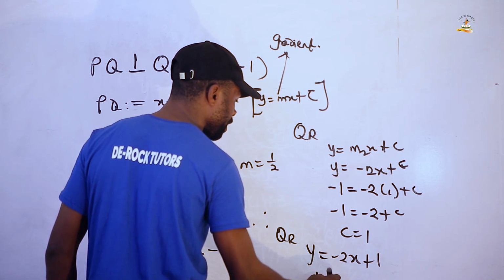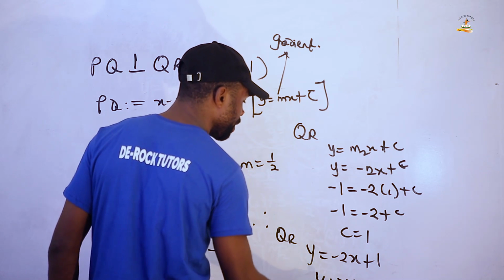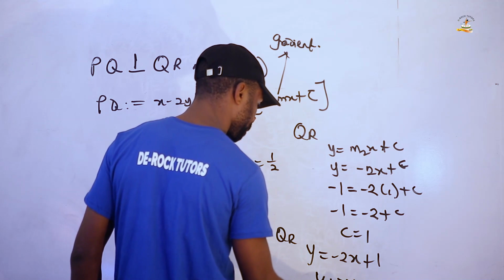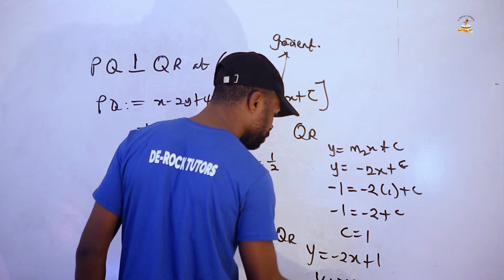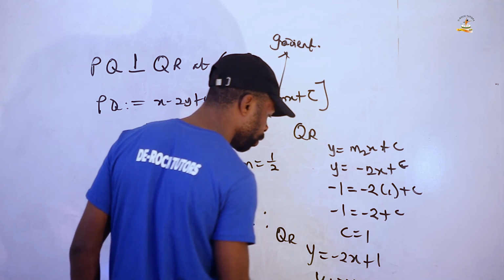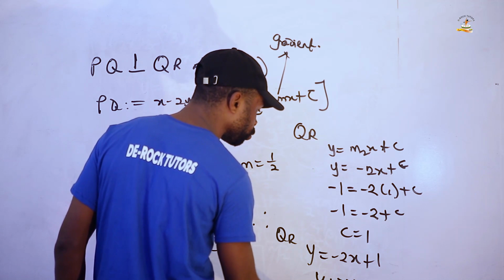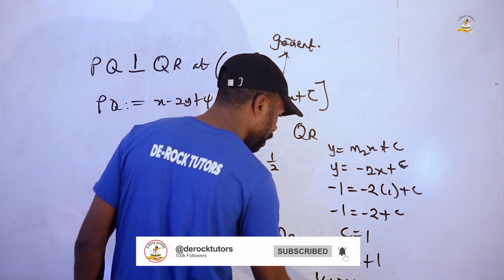which can be written as y plus 2x equal to 1, or 2x plus y minus 1 equal to 0, or y equal to 1 minus 2x.